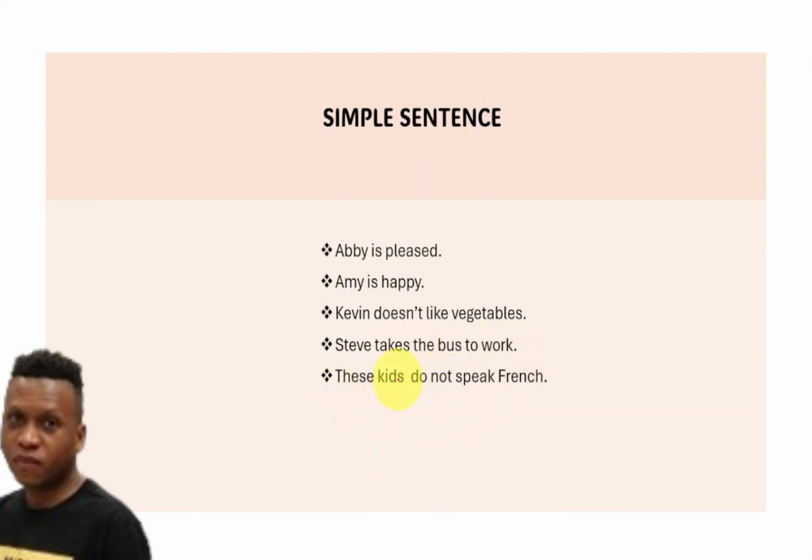These kids do not speak French. Okay, so in case you don't get it, one more time. Abby is pleased. Amy is happy. Kevin doesn't like vegetables. Steve takes the bus to work. These kids do not speak French.